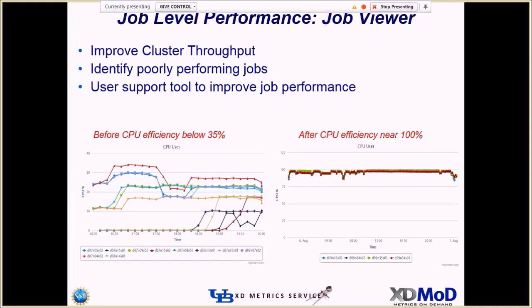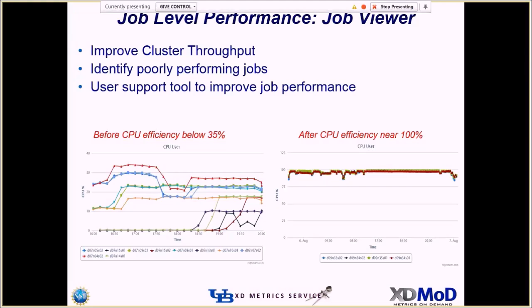And sometimes the solutions are really simple. The code needs to be built in parallel. Believe it or not, that happens quite frequently, unfortunately, on a lot of HPC systems. And here's an example, and I'm not quite sure. It was run at our center, but if you look at the plots, on the left-hand side is before, as the code was running prior to us analyzing it, and out of the 10 or more nodes, none of them were over 40% in terms of CPU usage.